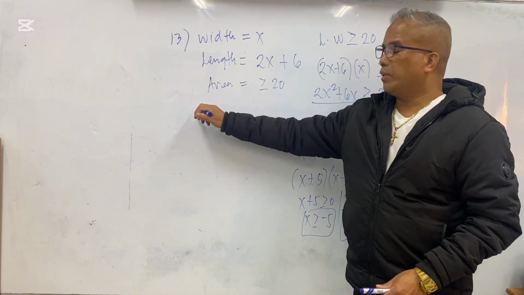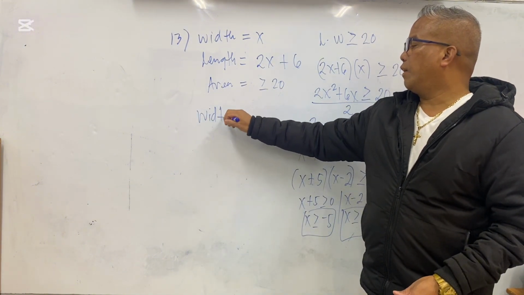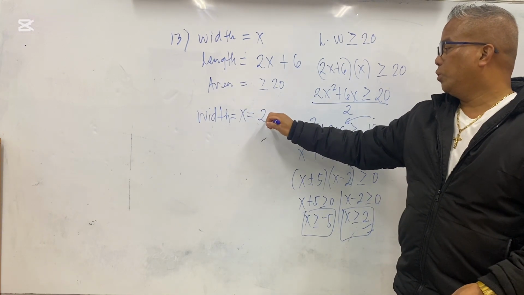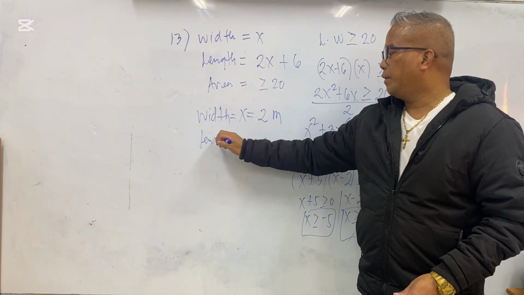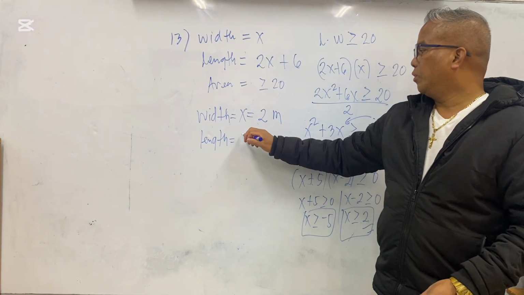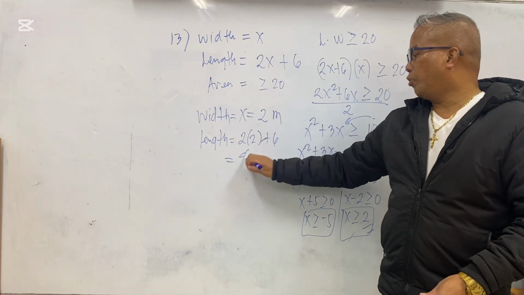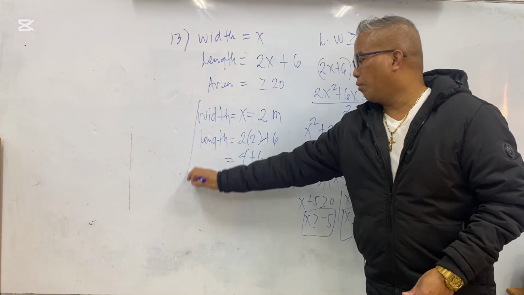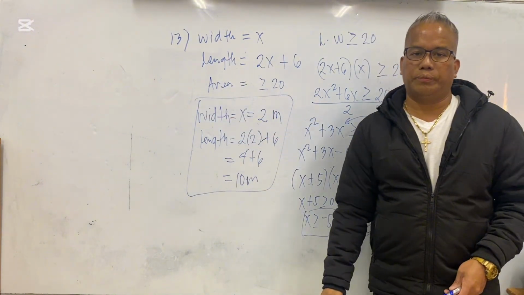So therefore the dimensions will be the width is equal to x equals 2 meters, and then the length will be 2 times 2 plus 6, then equals 4 plus 6, then equals 10 meters. So this will be the dimension, 2 by 10 meters.